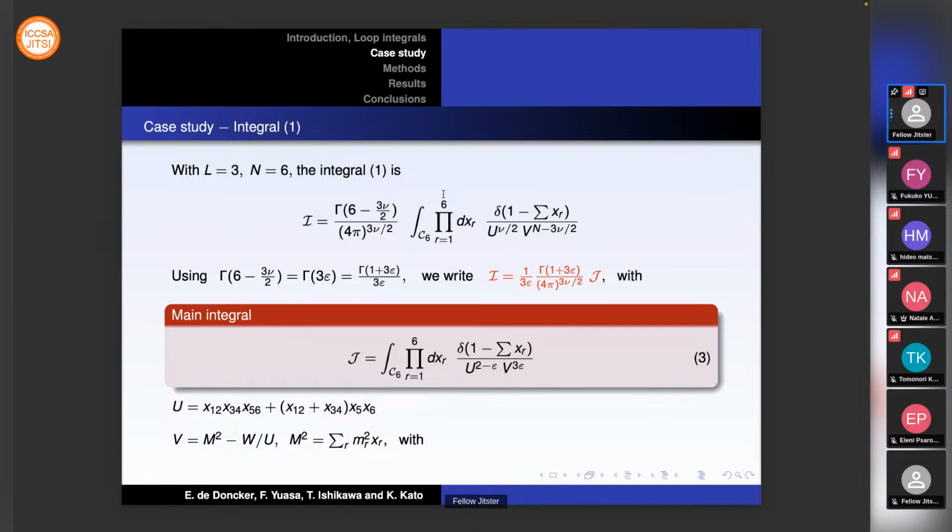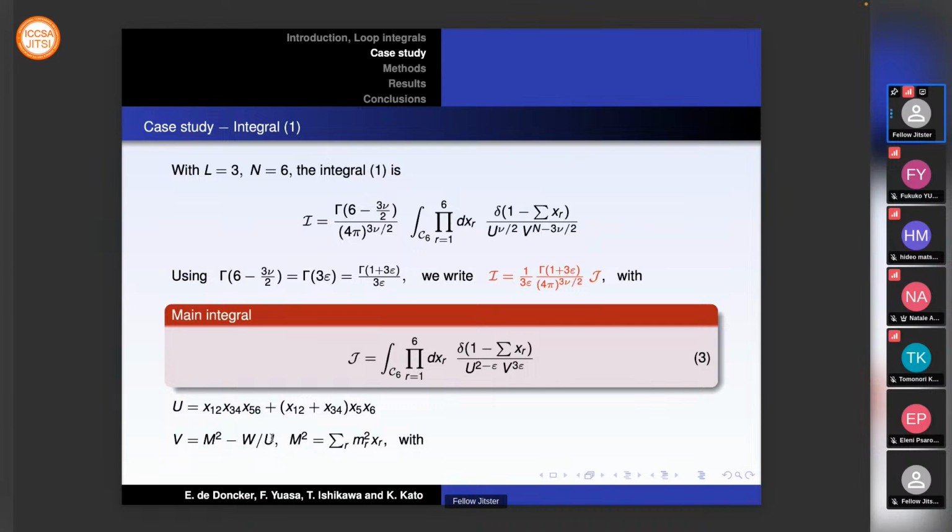And then we have split off a factor 1 over 3 epsilon, then another epsilon-dependent factor, and then the integral J, which we are now interested in, which is listed as equation 3, and involves U and V that are polynomials.